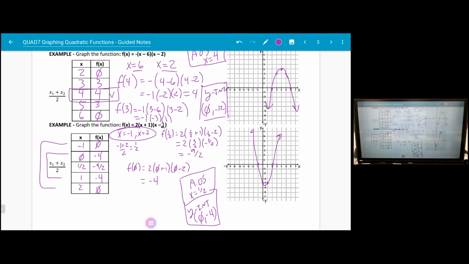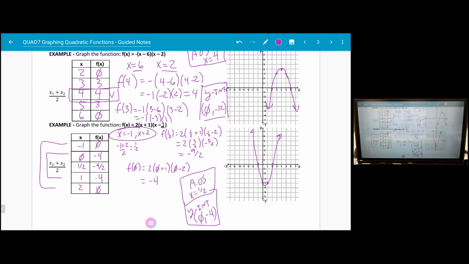So 0, -4, and 1, -4. And then it just so happens that -1 and 2 are next, which is kind of nice because those are your x-intercepts. You already know what y is when you've got an x-intercept. Y is 0. You've got -1, 0, and 2, 0. From that, you can sketch your graph of those 5 points. You've got your vertex, you've got your axis of symmetry, you've got your y-intercept, and you've got your sketch.